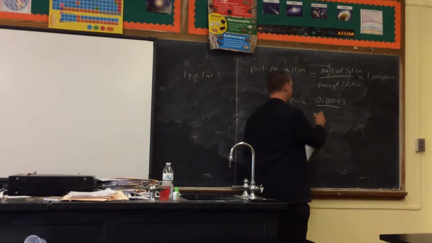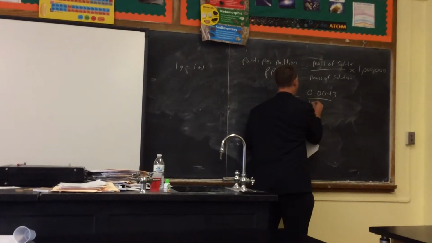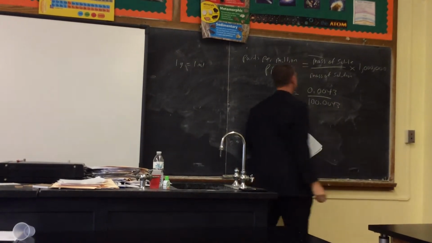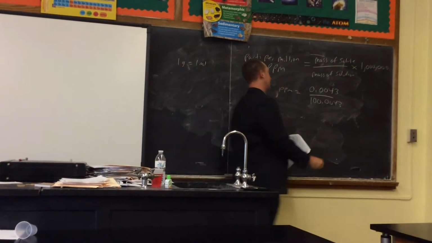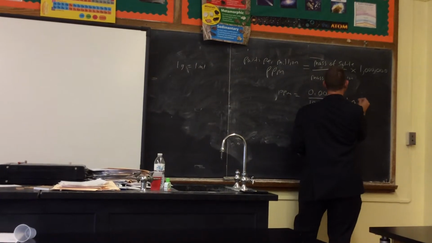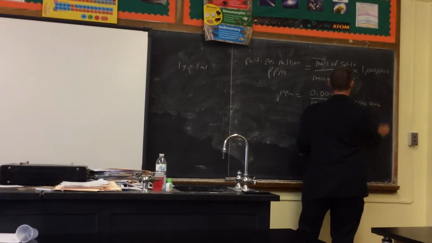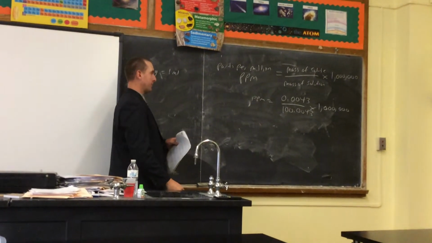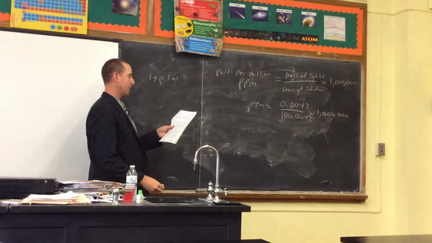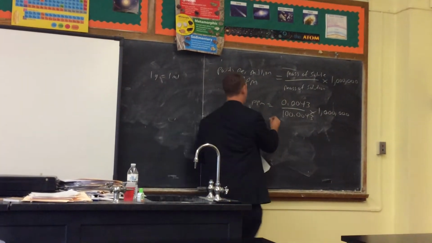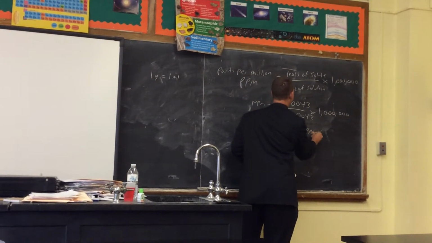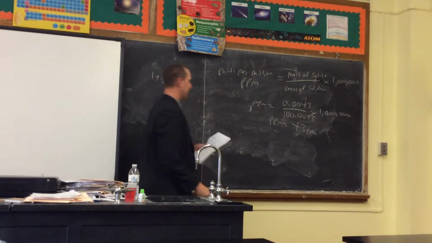So you add 100 and 0.0043, you get 100.0043, like that. Then you just times it by a million. To do your math, you calculate 0.0043 divided by 100.0043 times 1 million, and you should get 43 ppm, 43 parts per million. Okay?